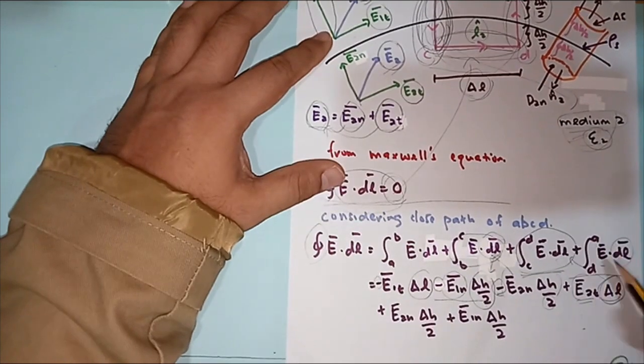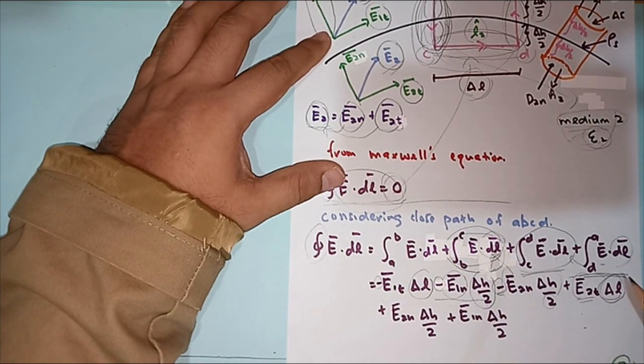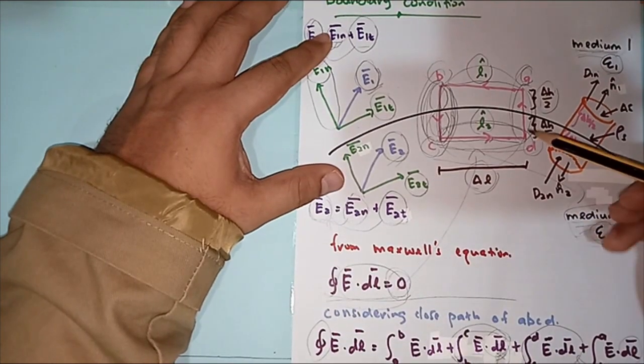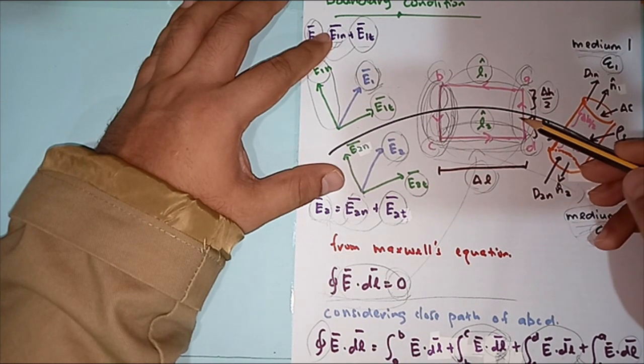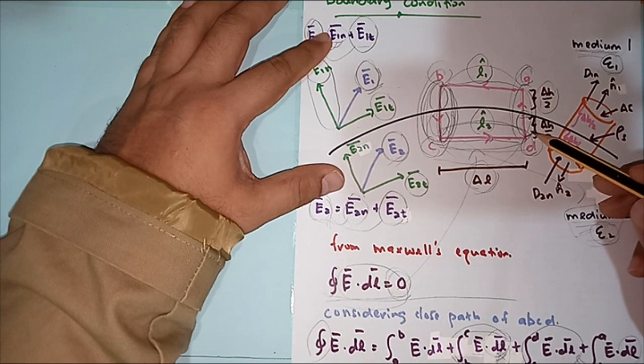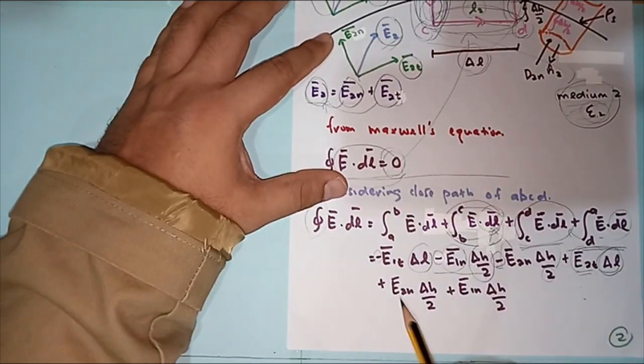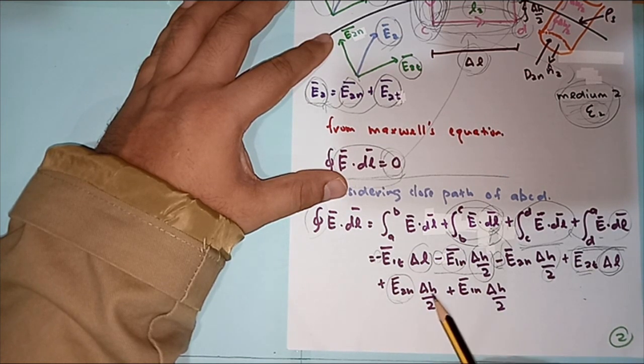Similar to the second part, for the last part of this equation we need to divide it into two parts. First is from D to the middle point of this line, which we consider exists in medium 2. Then we will have plus vector E2n, the normal component of the E2 vector, multiplied by delta H divided by 2.